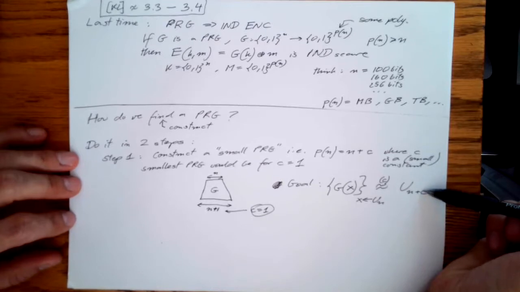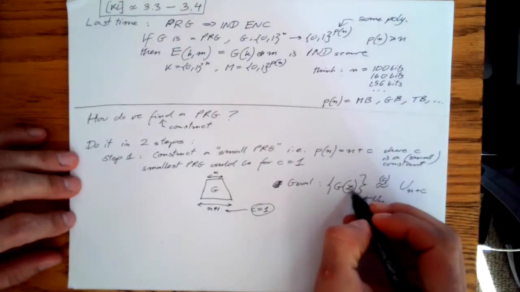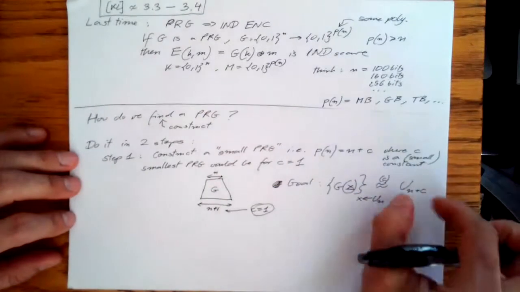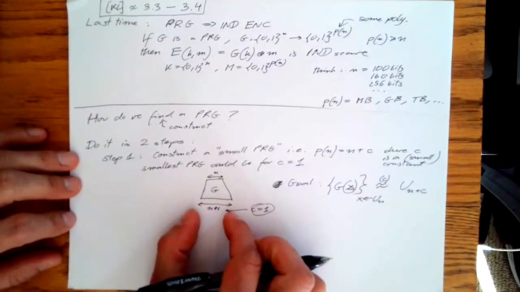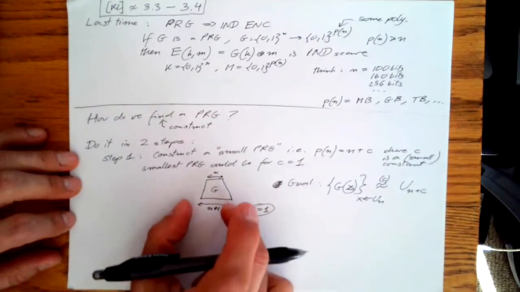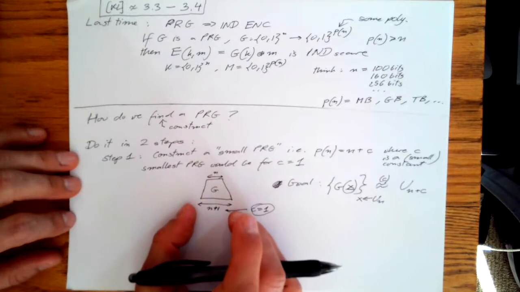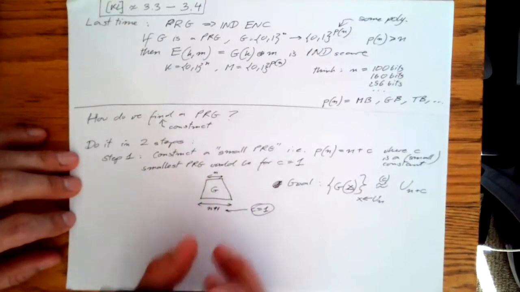In fact, I would already be happy if I get a construction that has just 101 bits. Already that is non-trivial because I have only 100 bits of entropy, and somehow I have to spread them onto a 101-bit output string in such a way that somebody looking at this cannot tell it from a true string that has n plus 1 independent bits.